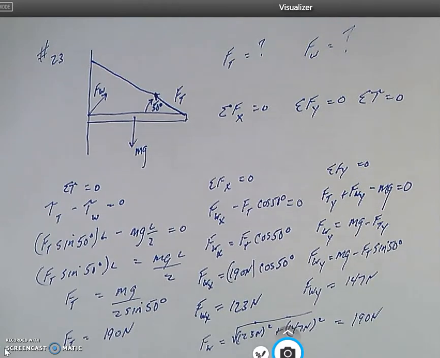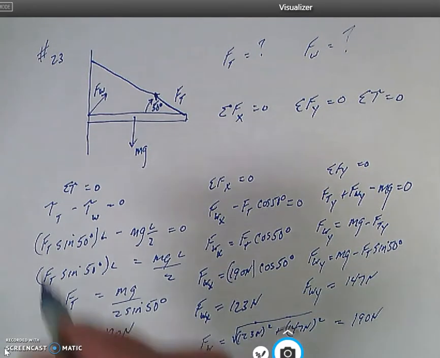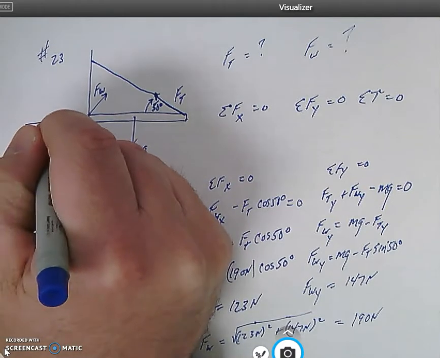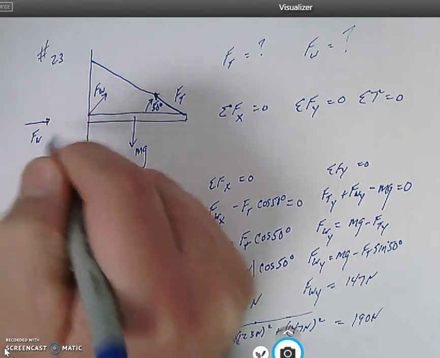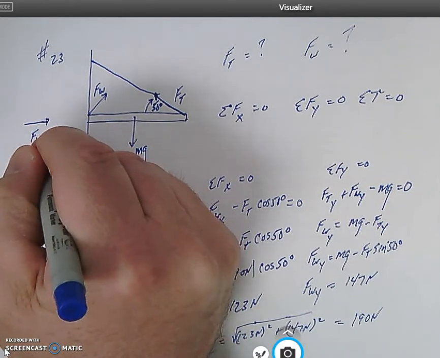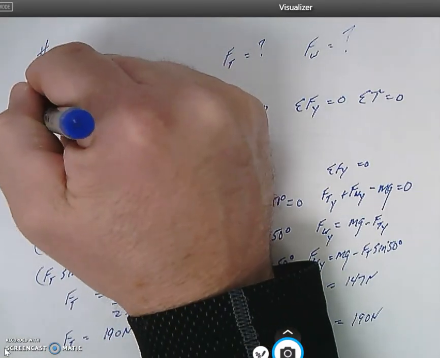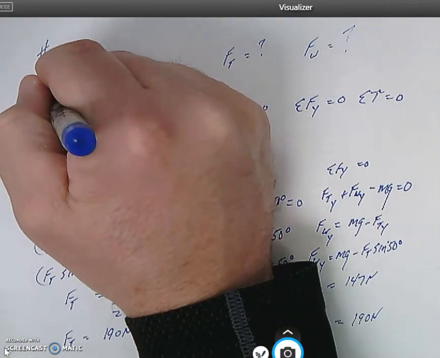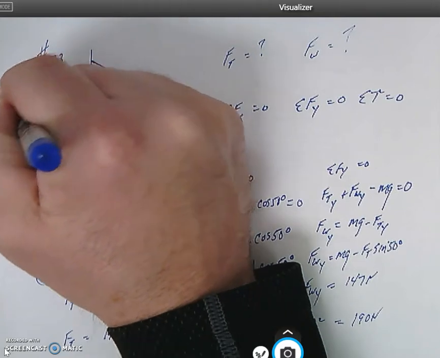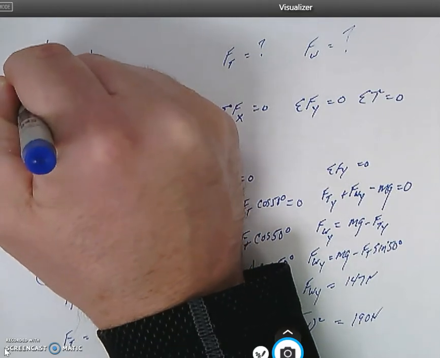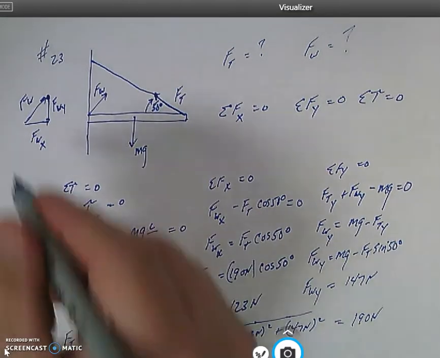Now, what angle is that? Well, we could use sine, cosine, or tangent, whatever we want. If we came back up here, this is F wall in the x, and this is F wall in the y, and then this is my wall force right there.